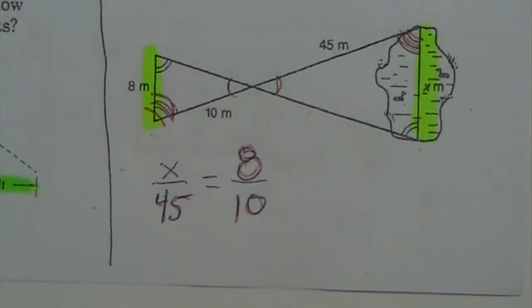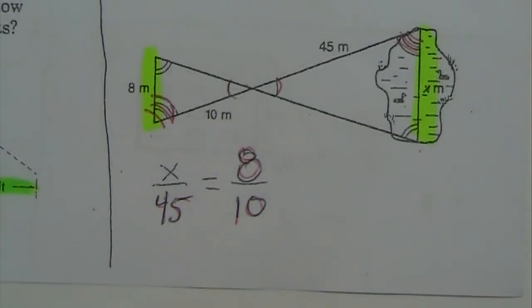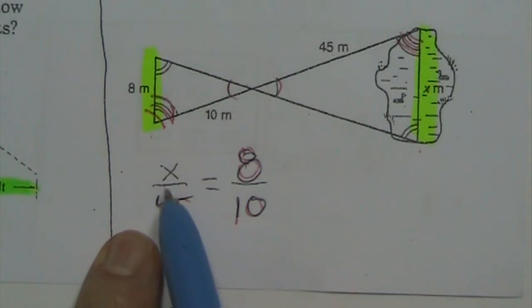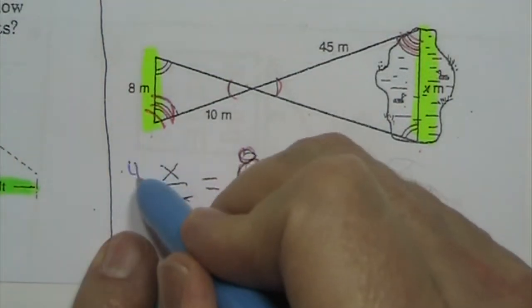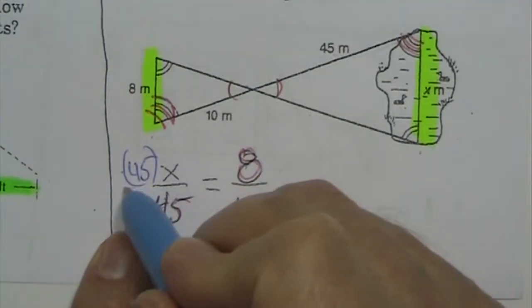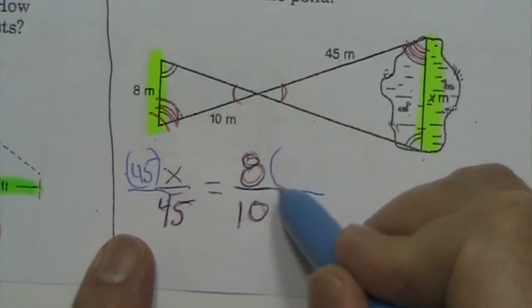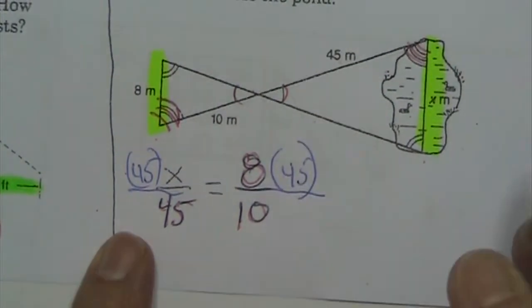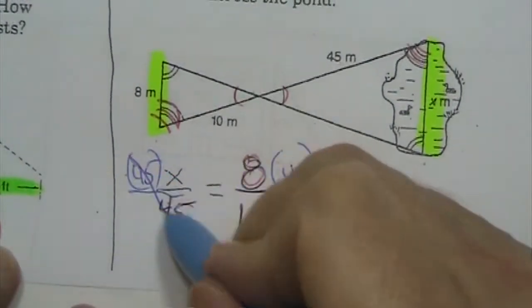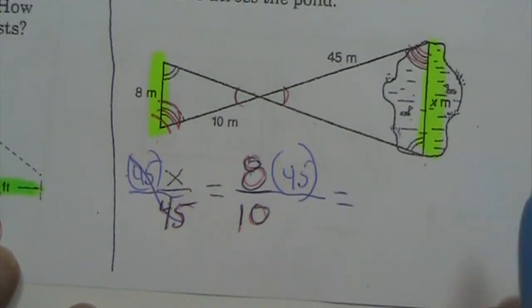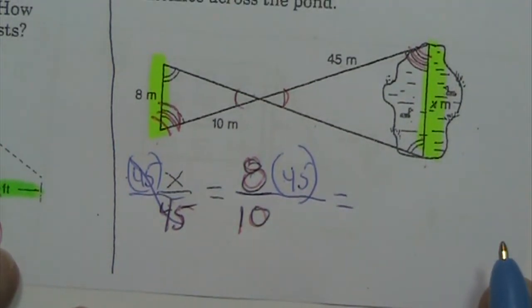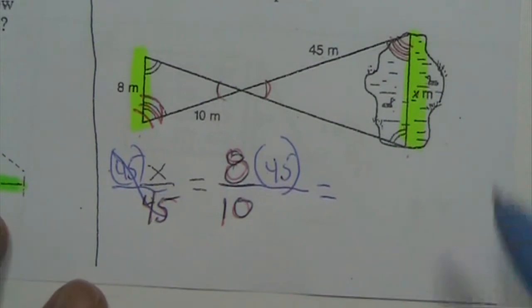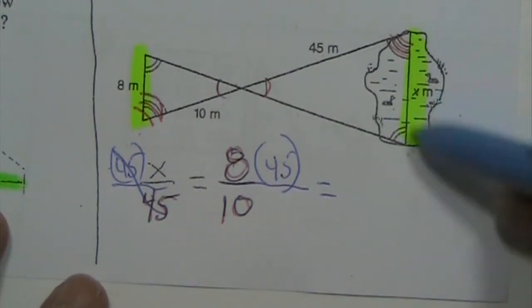Okay, so we'll just use a little algebra. We'll get rid of the 45, get x by itself. I will multiply by 45 on both sides. And now you can find your answer of how long it is across here.